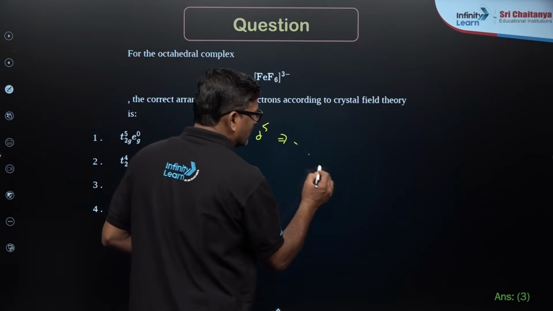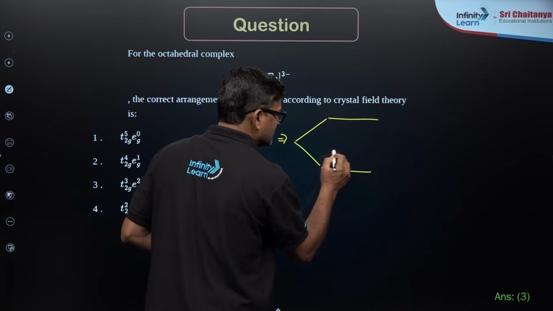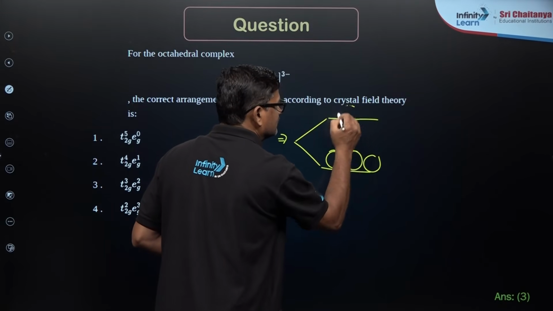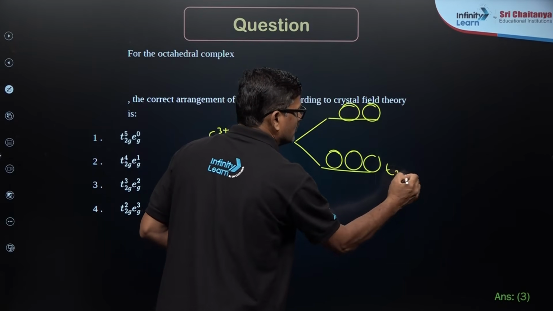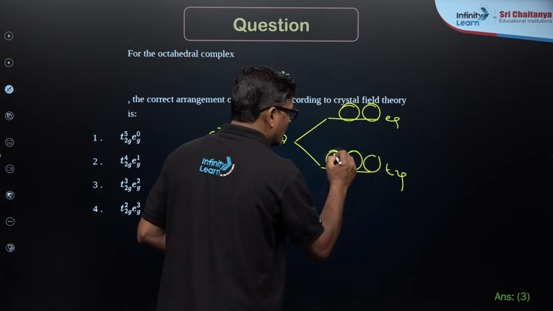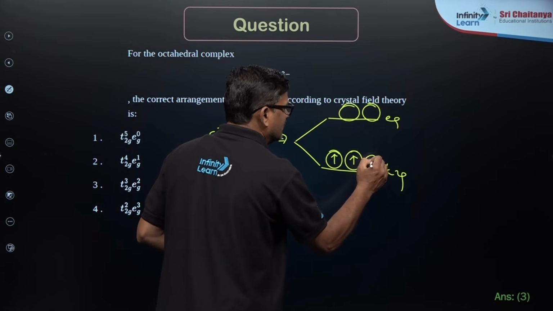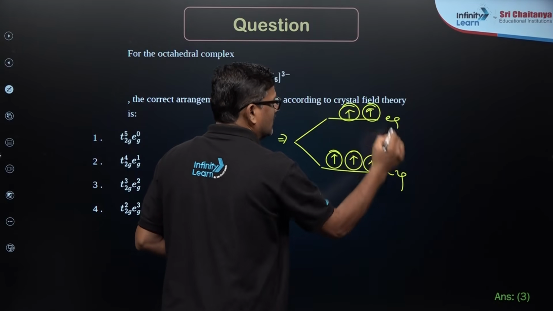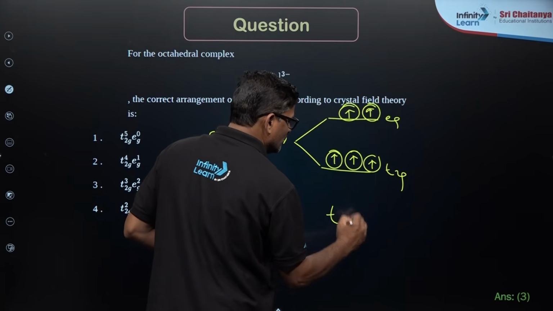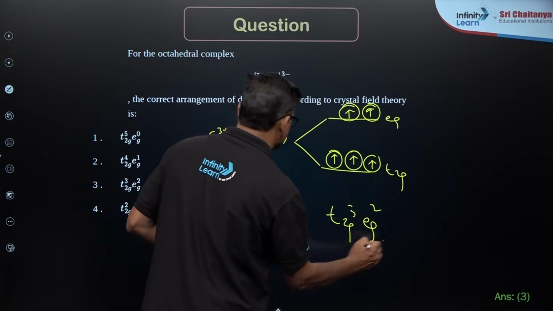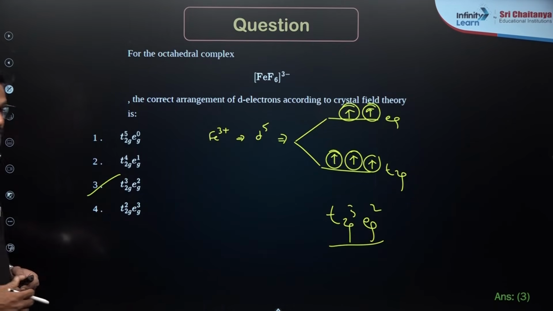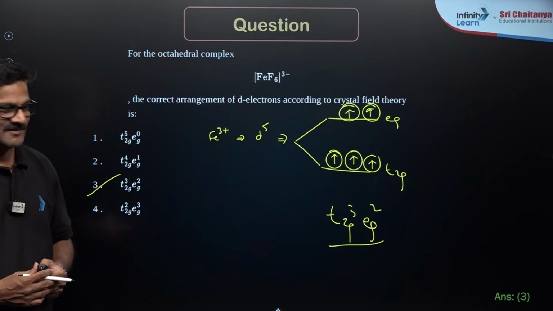So d5 configuration I just want to show you like this. t2g and eg. So 1, 2, 3, 4, 5 and you can say t2g3 and eg2. So the answer for this question is going to be 3.